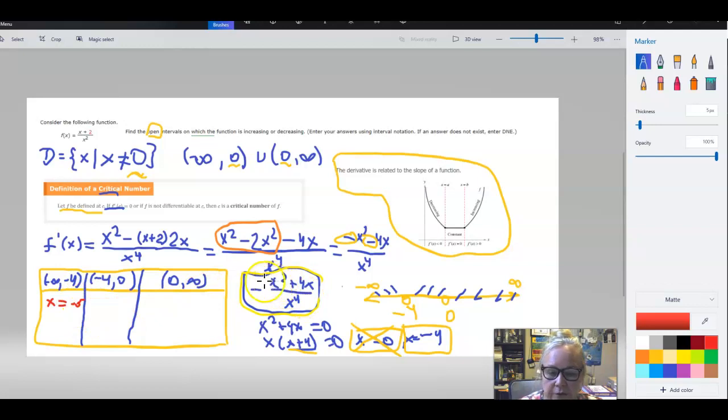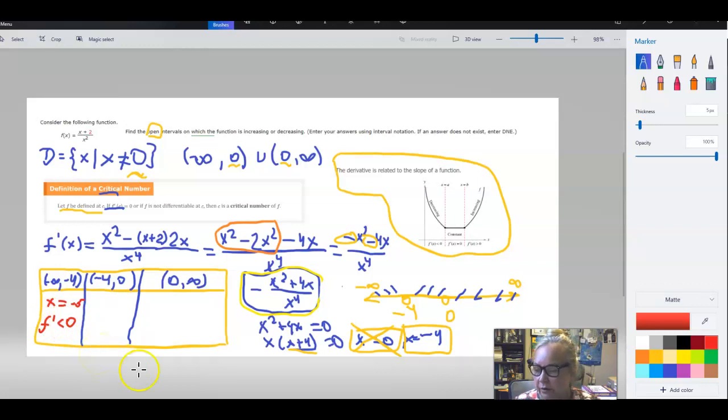If you plug in -5, we have -5 squared, 25, plus 4 times -5, which is -20. 25 minus 20 is +5, but then the negative sign in front makes the derivative negative, so f prime will be negative.